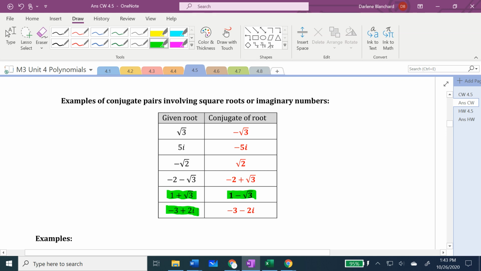If you're dealing with a complex type number, you only change the sign on the i. The conjugated root is just, you change the sign only on the awkward part. The part that has the i or the root, those have the signs different.